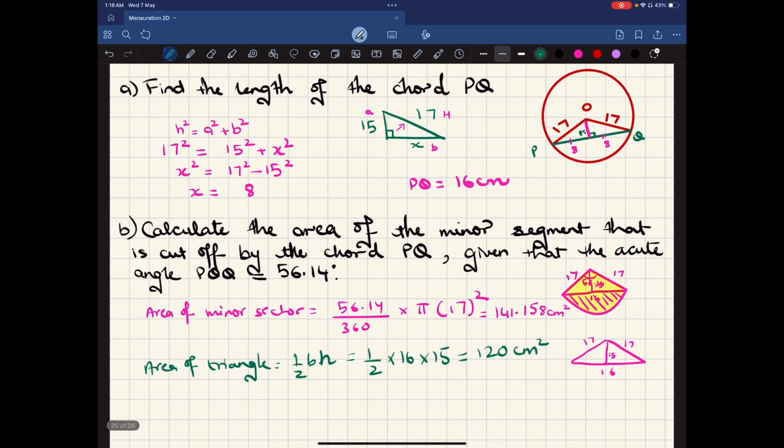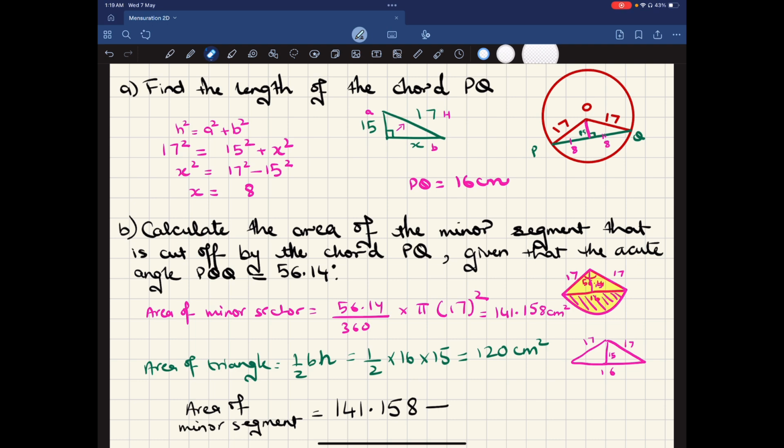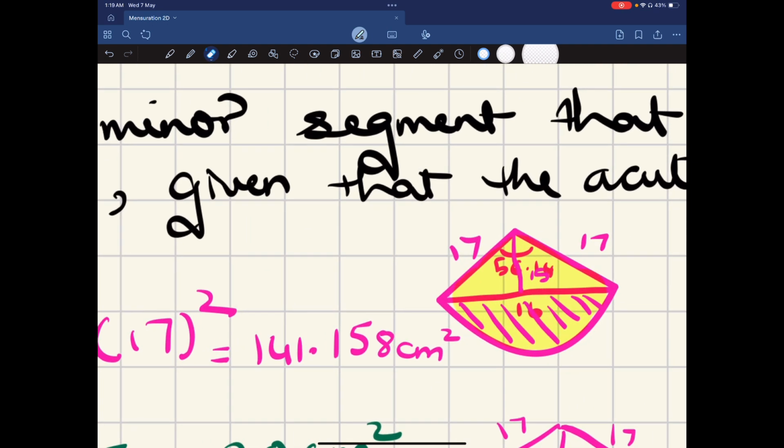So what is the area of segment going to be? Area of minor segment is going to be the area of the minor sector, which is 141.58, minus, so what are we doing effectively? Please look at this figure.